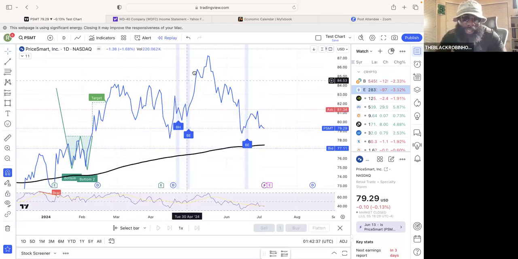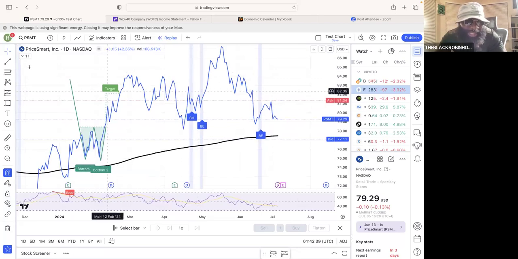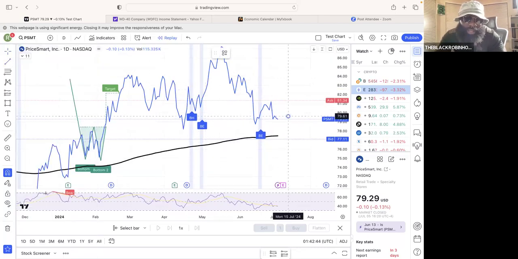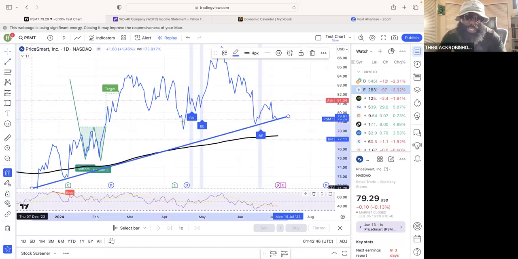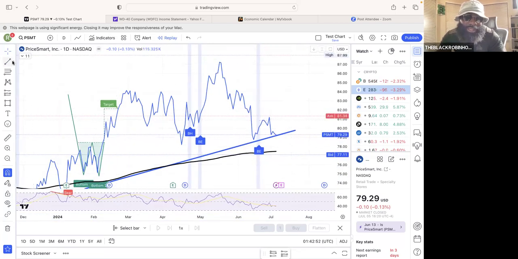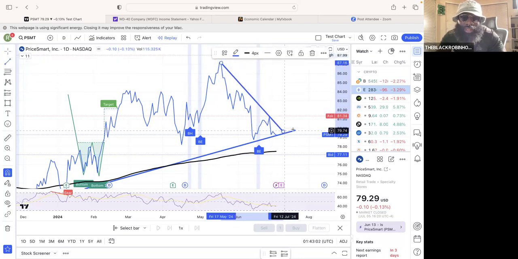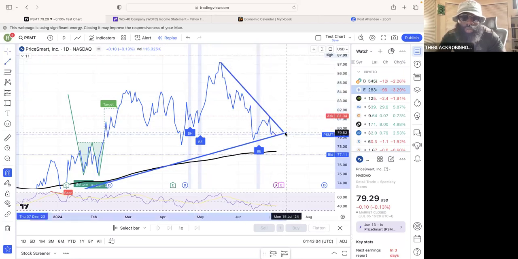But automatically, you see it's trending up. So you're just starting off by looking at what sticks out, what pattern, how price is moving.